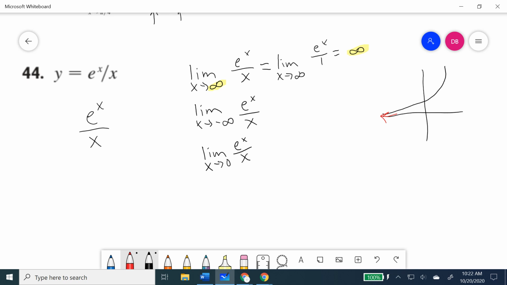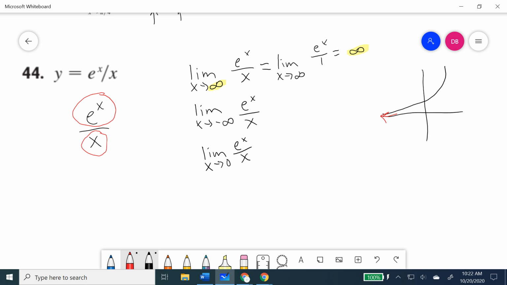And as far as the domain on this particular equation goes, your exponential function always has a domain of all real numbers. You have a polynomial in the denominator, so the only domain issue is when the denominator is 0.